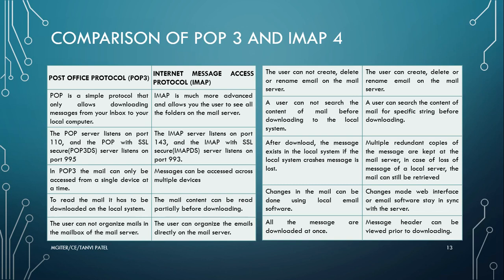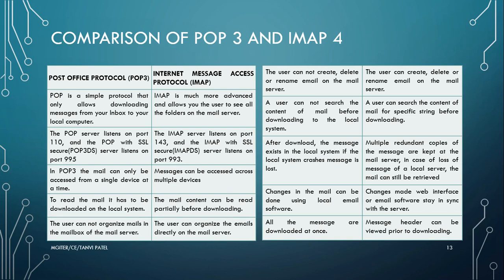In POP3, after downloading, the message exists in the local system. If the local system crashes, the message is lost. In IMAP4, multiple redundant copies of the message are kept at the mail server. In case of loss of the message on a local system, the mail can still be retrieved.